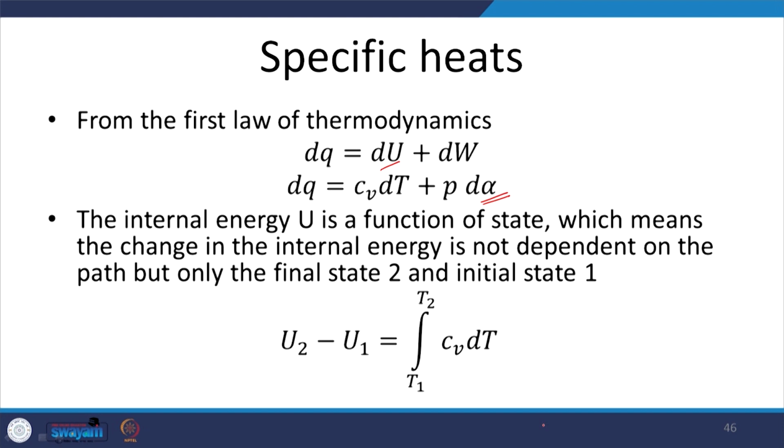The internal energy U is a function of the state, right. We have seen that internal energy capital U is a function of the state. That means if you define internal energy for a particular system, it has to be defined at a particular state.